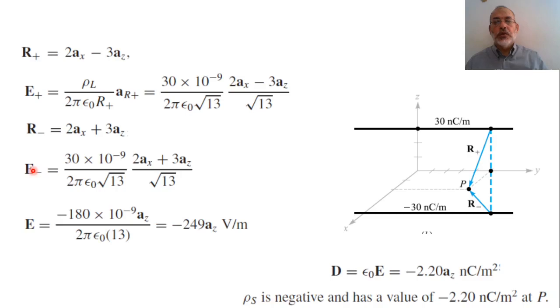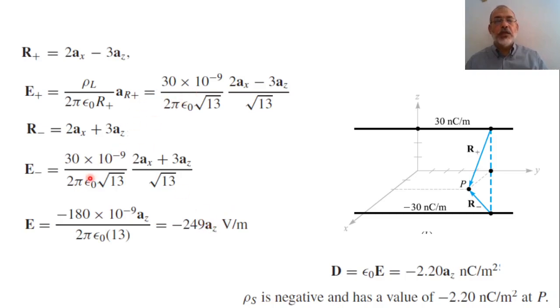So, okay, I'm right. We have a negative sign here. And from the negative sign here, the x component will cancel the x component, but the z component will add with the z component because we have a negative sign here. Okay, so the total electric field in this case would be only in the z direction.